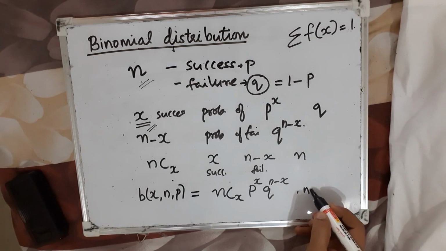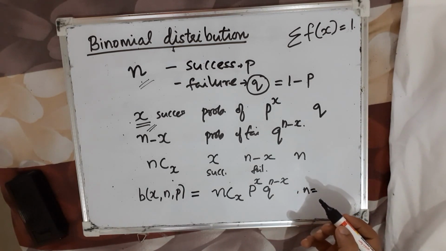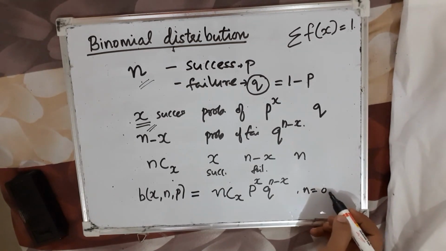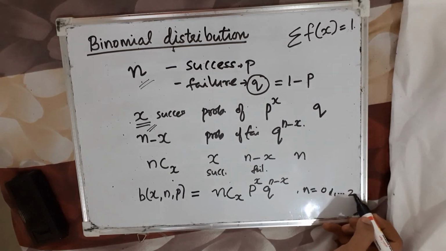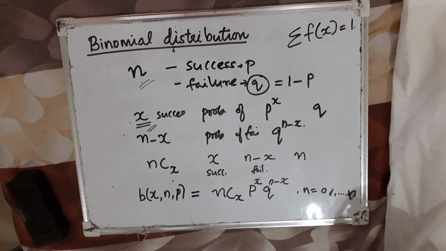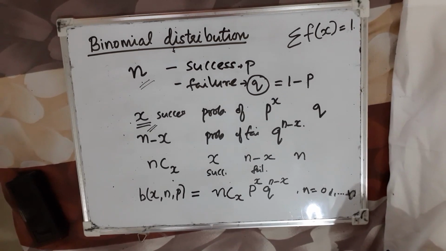Here, since it is a discrete probability distribution, the values of x must be 0, 1, 2, etc., up to n. And here n and p are parameters.